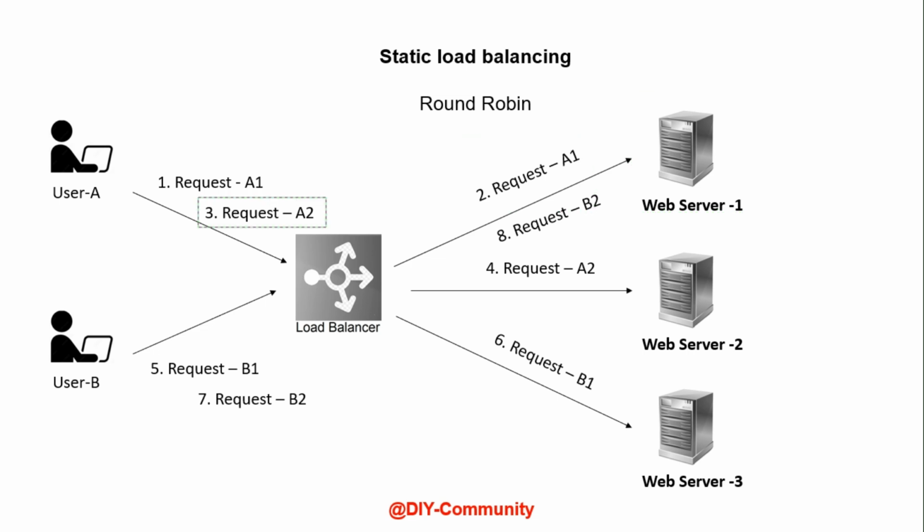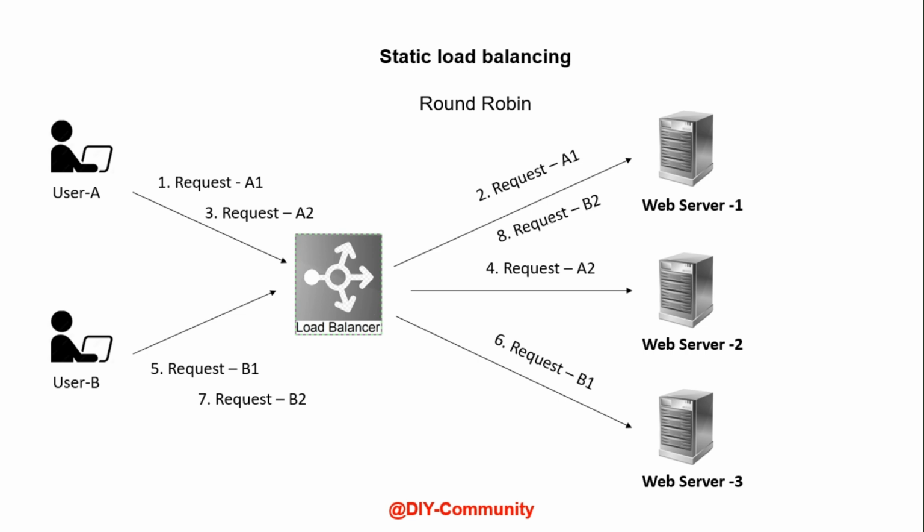When it gets the next one, it will assign it to the next server. After that, when it receives a request from another user, the third request, it will assign it to the third server. When it receives a fourth request from this particular user, it will go back to the first server and assign it. Now, the benefit of this approach or algorithm is it is very simple to implement.